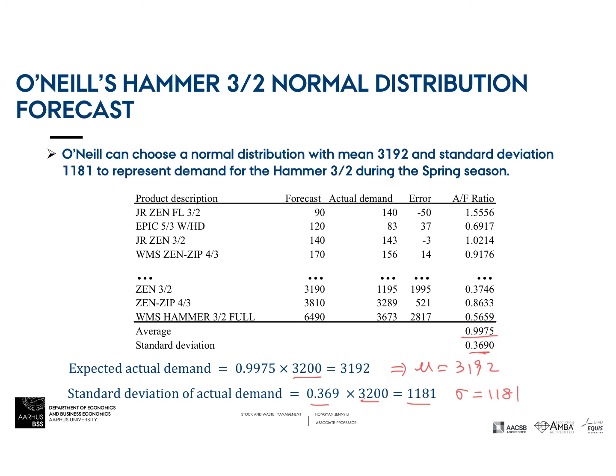So now you have a normal distribution for Hammer 3.2 with a mean of 3092 and a standard deviation of 1181. The continued discussion of this lecture will be based on this specific normal distribution.